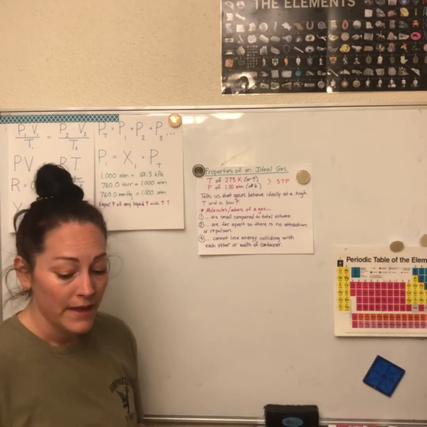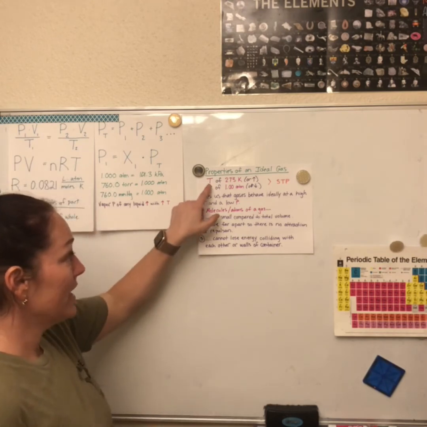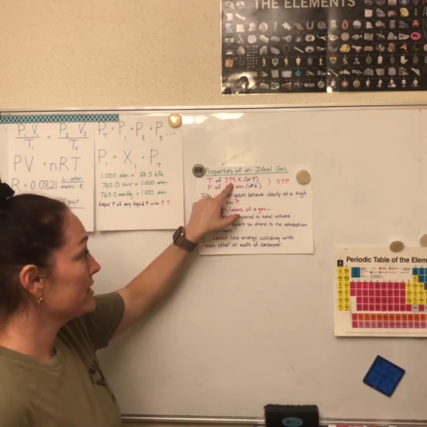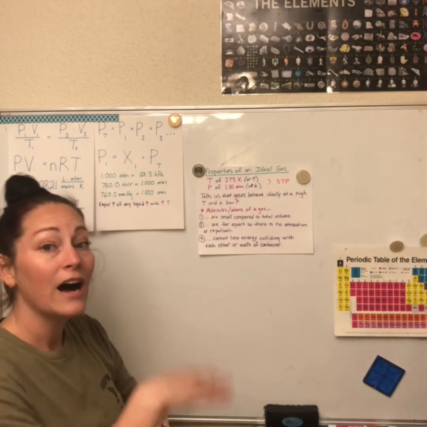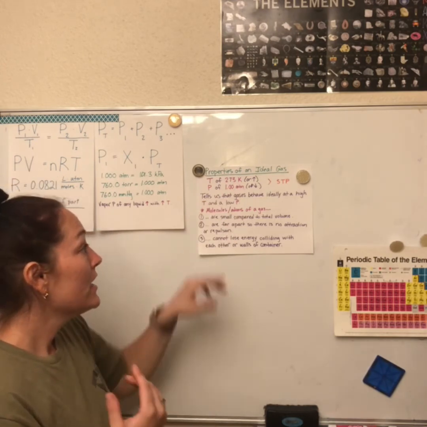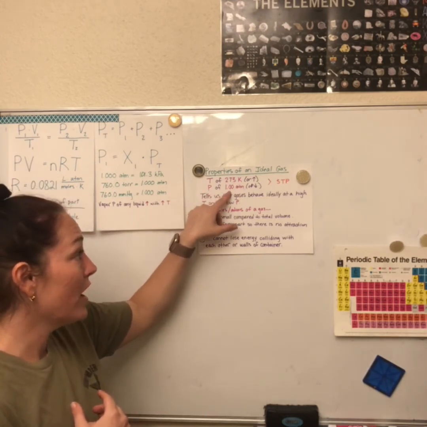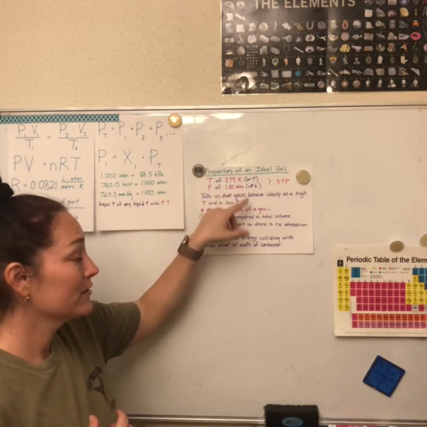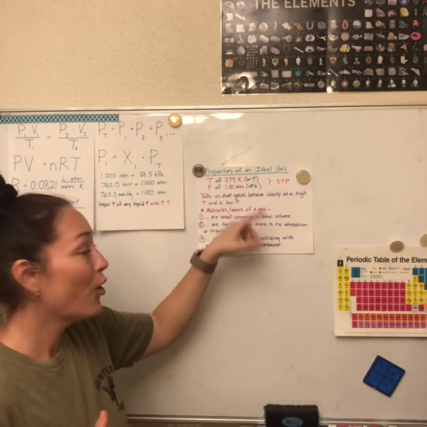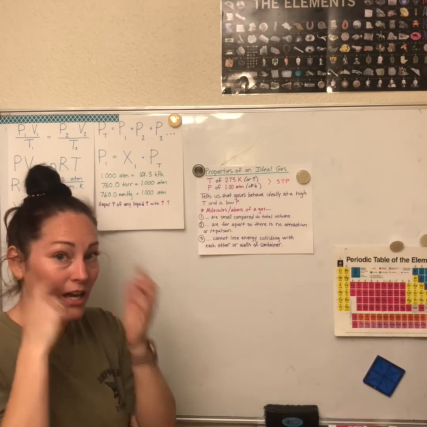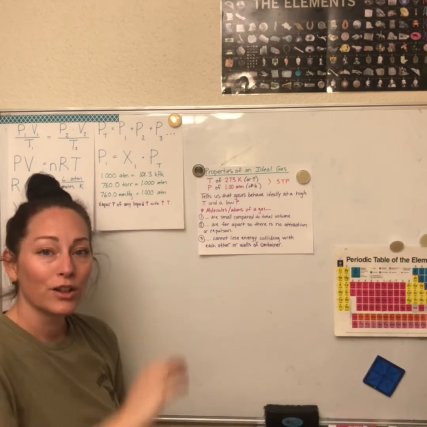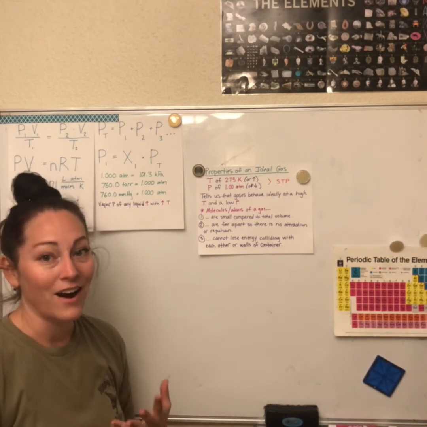It turns out that if a gas has a temperature of 273 Kelvin or higher, and has a pressure of 1 atmosphere, that's the atmosphere around us, or lower. So we're thinking higher temperature, lower pressure. These gases are ideal.